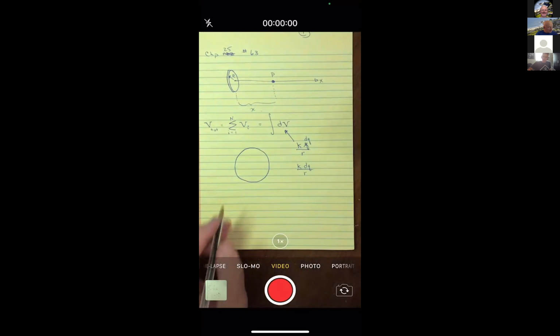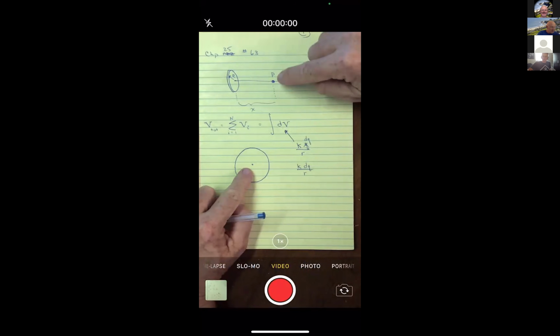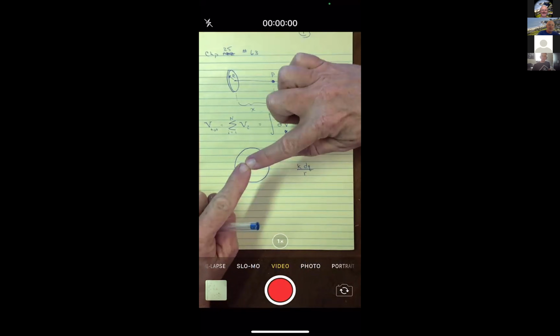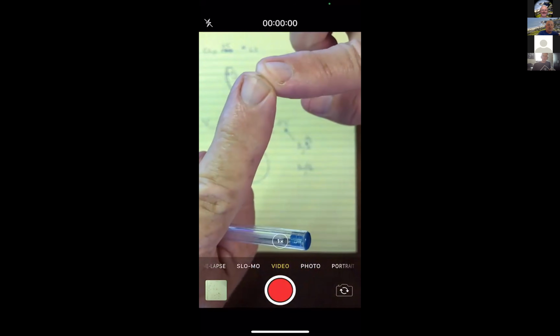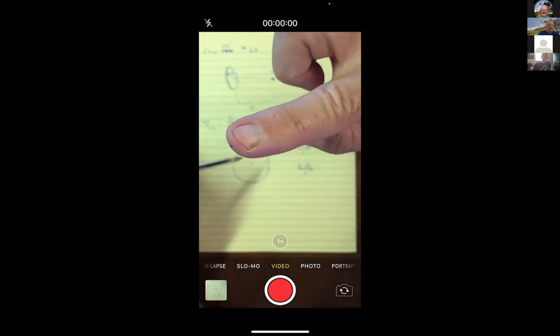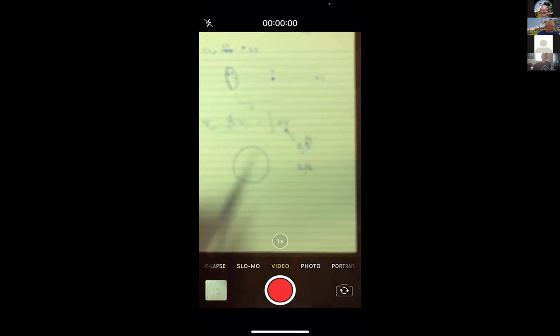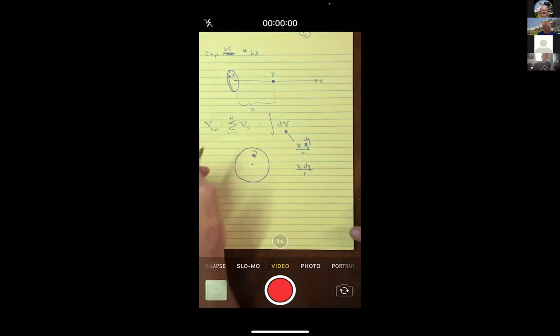So let's say this is the center of it. And again, point P in this picture would be way up here by the camera. Okay, so here's the point P, and I'm trying to find the distance it is back to, say, this little chunk of charge right there, dq.